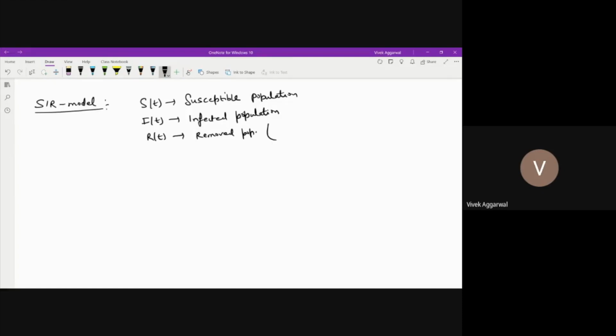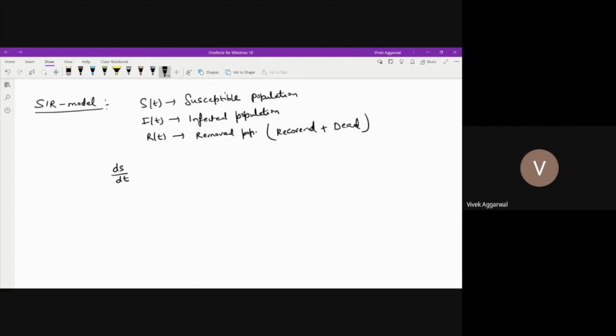Removed population means recovered plus dead people, so those are removed from the whole population.